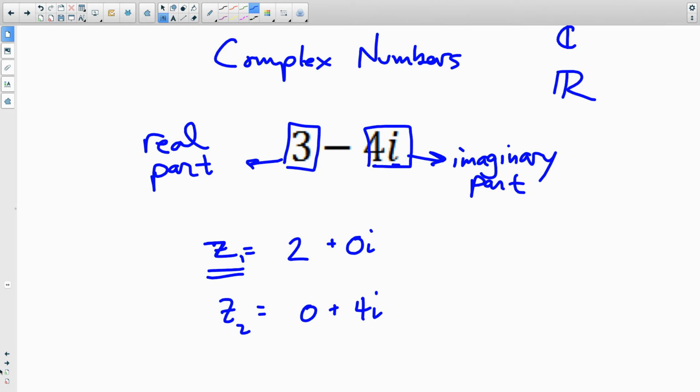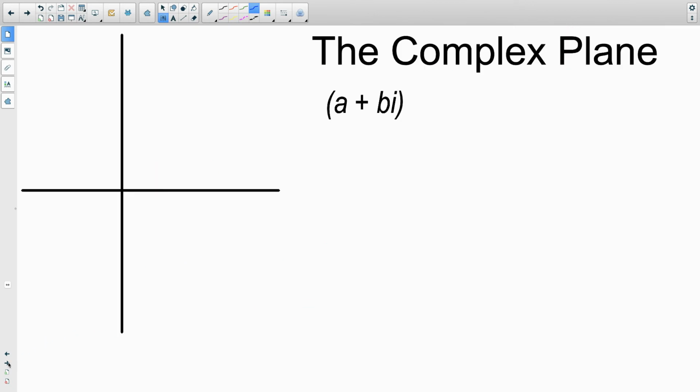Okay, let's move on to this next part really quick, and that is the complex plane. Again, there's a video out there that I'm going to attach to my lesson that explains what the complex plane is. It's actually sort of a third dimension, and it's really hard to express on a piece of paper two-dimensionally like this, because you're used to looking at coordinate axes like this and saying, well, that's x and that's y.